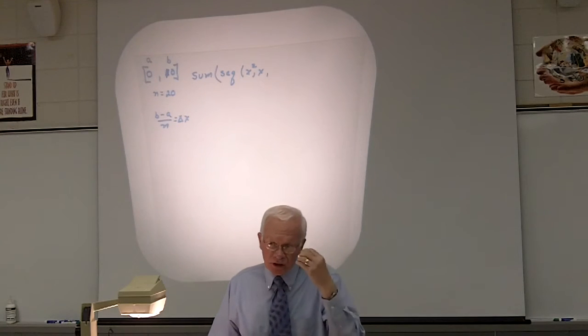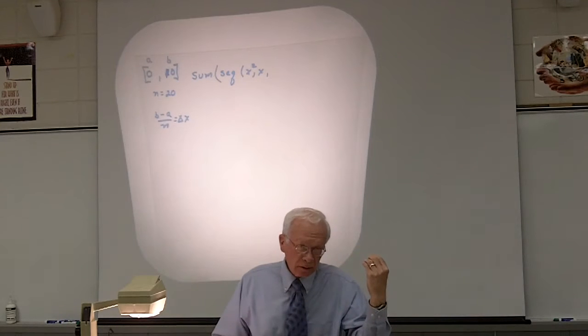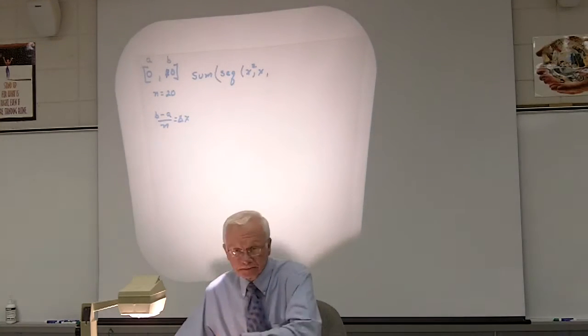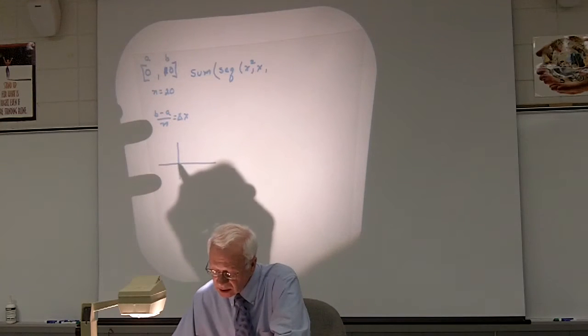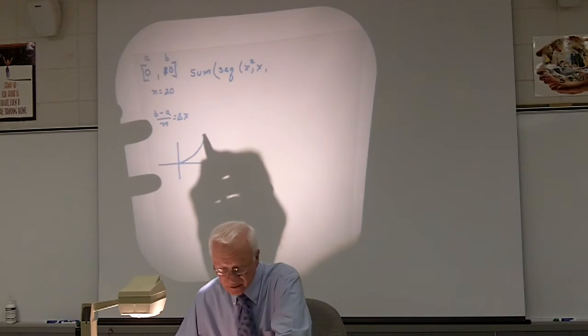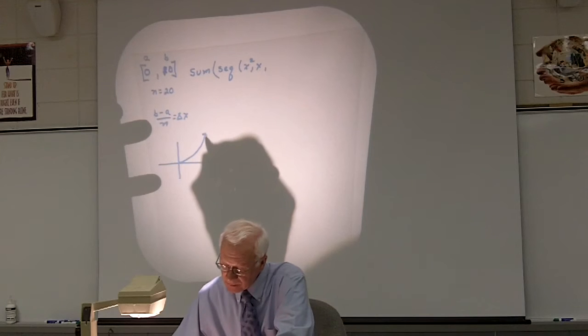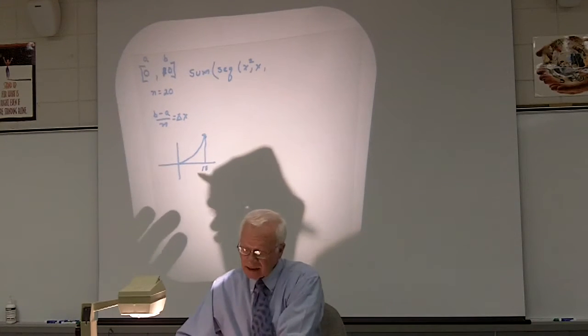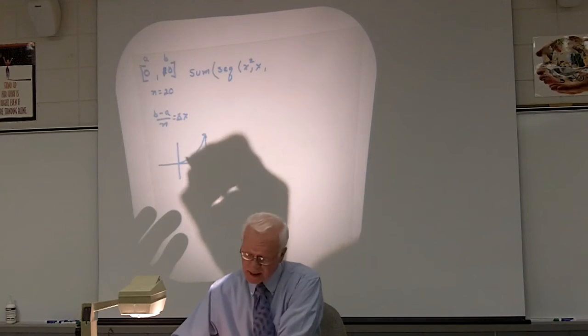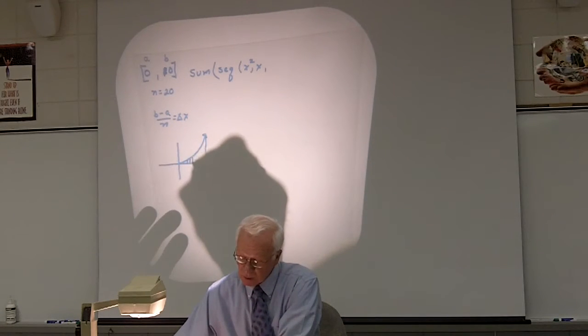I would like to do this thing from the left. I have a nice little function here, a parabola, and I'm going to go way out to 10, and I'm going to find these Riemann sums, these little sums all the way through here.